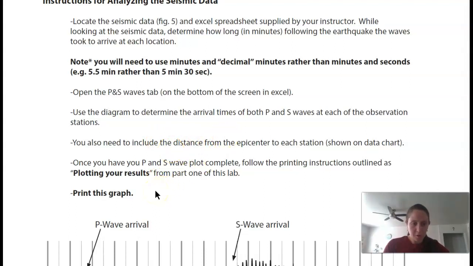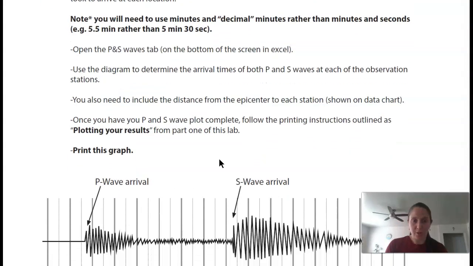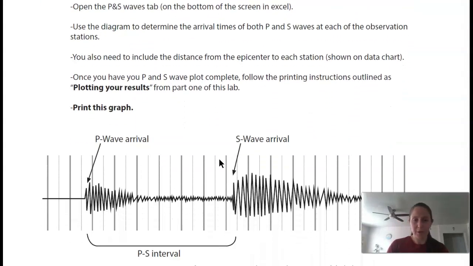Once you have a P and S wave plot complete, follow the printing instructions outlined in plotting your results. That part you're not going to do since you don't have a printer, or you might have a printer. If you print it out, great. If not, you can just have it on your screen. It should do the same job for what we need it for.